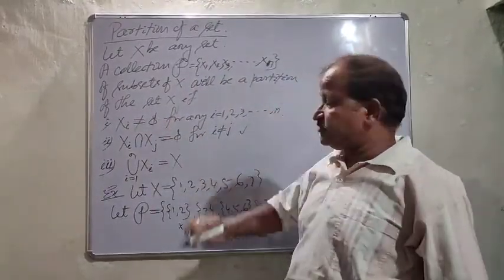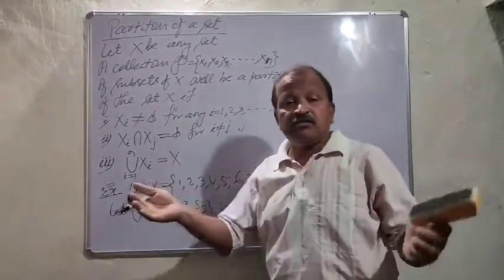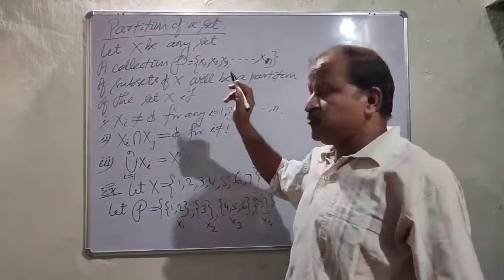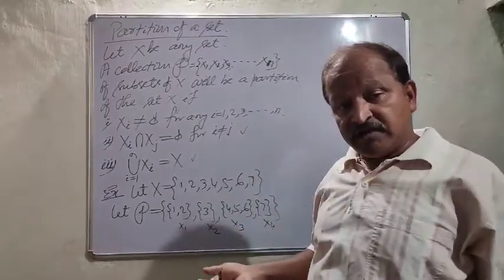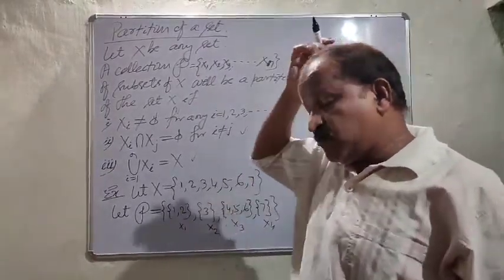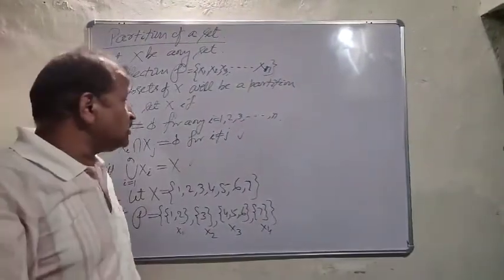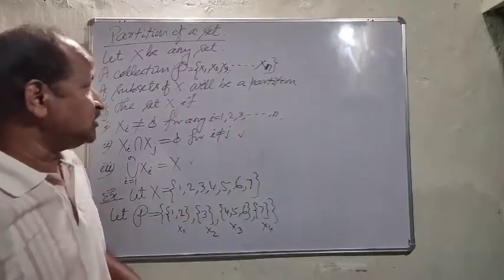Second condition is satisfied. Either they are equal, meaning the same, or they are disjoint, completely different, and their union is equal to X. Clear? So we have already proved that the set of equivalence classes defined due to the equivalence relation forms a partition of a set.